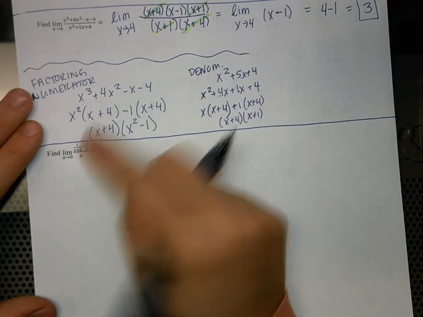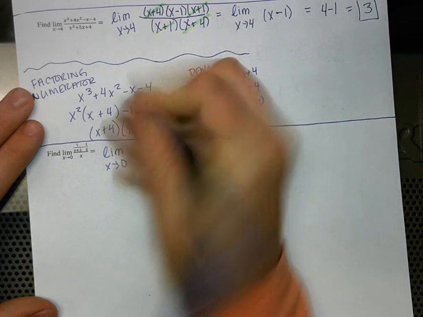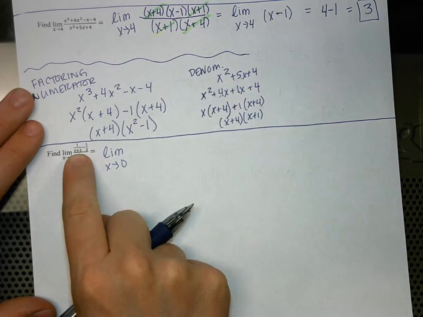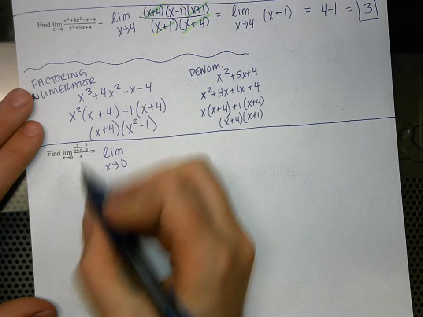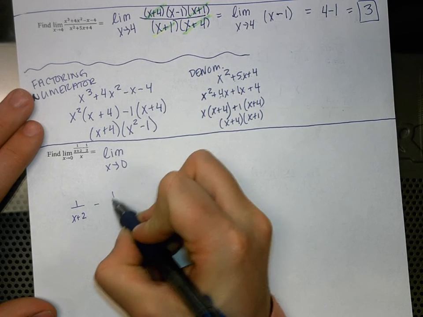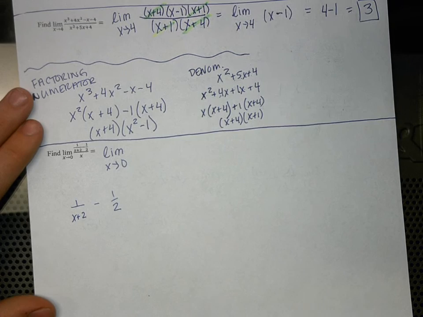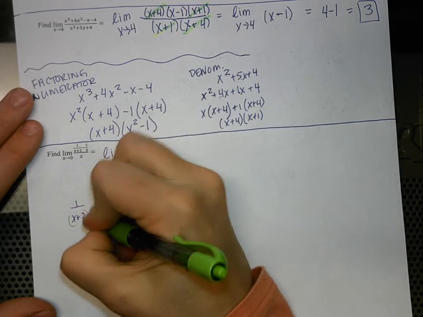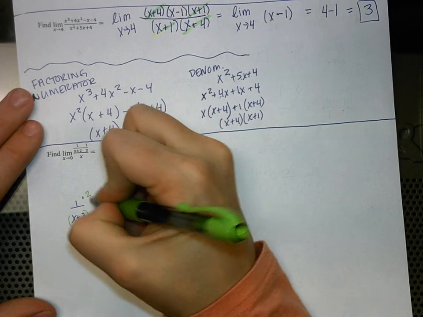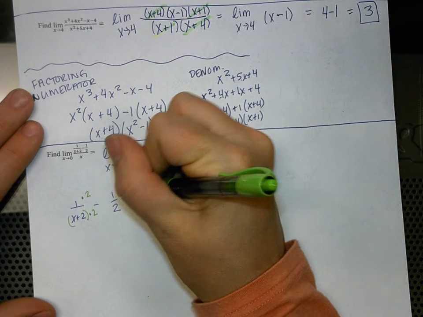So first, let's change the numerator so that I have one term in my numerator. That means for the 1 over x plus 2 and the 1/2, in order to combine these together, I need a common denominator. So I'm going to multiply the first fraction by 2, that's this denominator, and the second fraction by x plus 2.